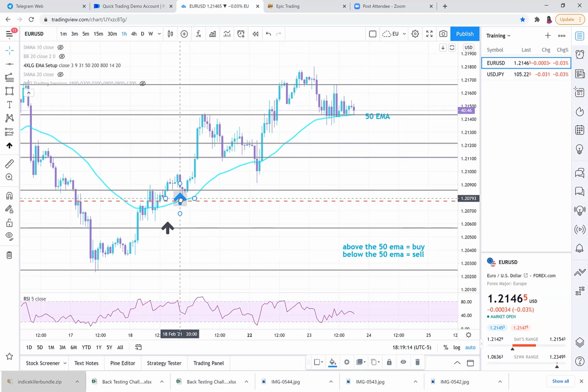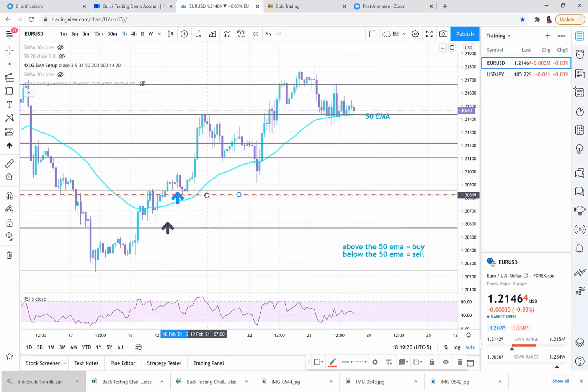So for my entry here, I can set my stop loss on the other side of the zone. So the closer that you enter your trade, the closer to the zone you are, the smaller your stop loss has to be. And that gives you a low risk. And then you can set your TP based on zones or, you know, whatever your criteria is.